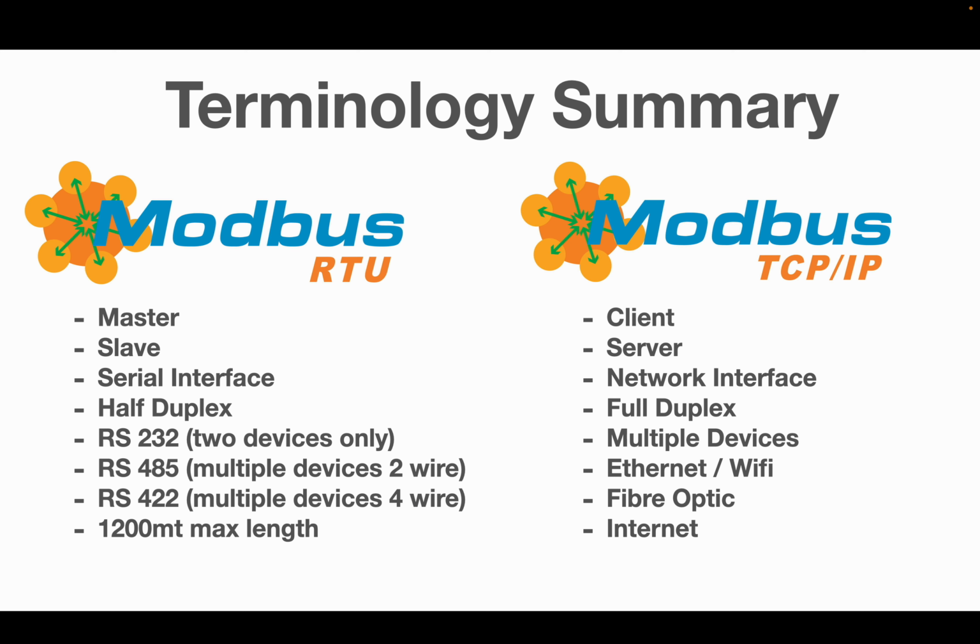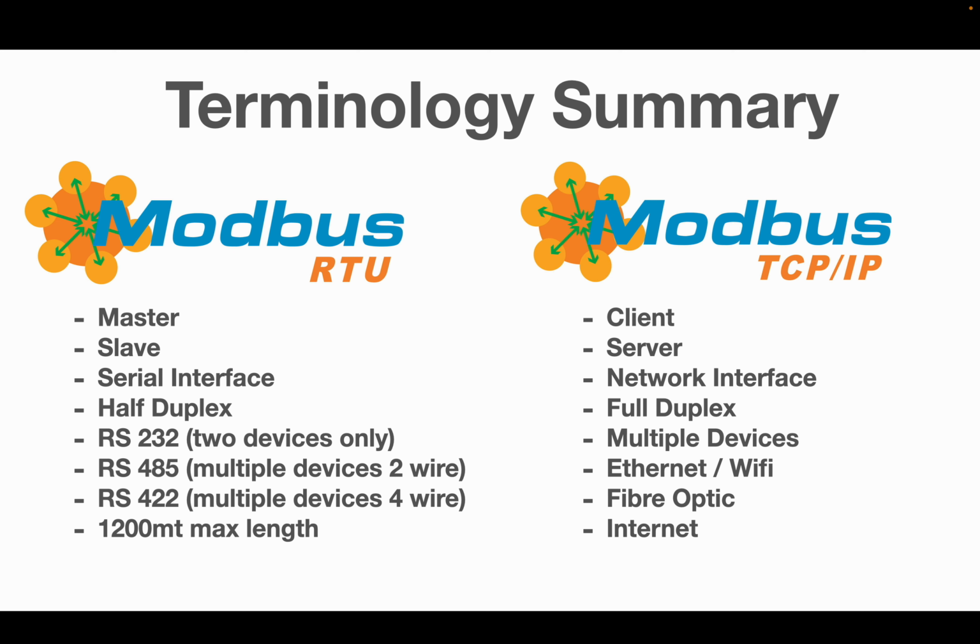So here is a quick summary of the terminology that we're using and where it's applicable. On the left hand side, Modbus RTU has a master and has a slave, uses a serial interface, and is to a large degree half duplex. Most of them are half duplex operations. The interface methods that we have are RS232, RS485, and RS422. RS232 is not designed to have multi-drop, so therefore there's only two devices.